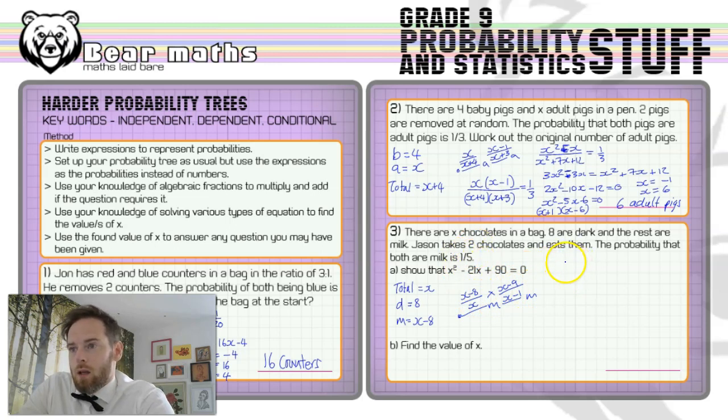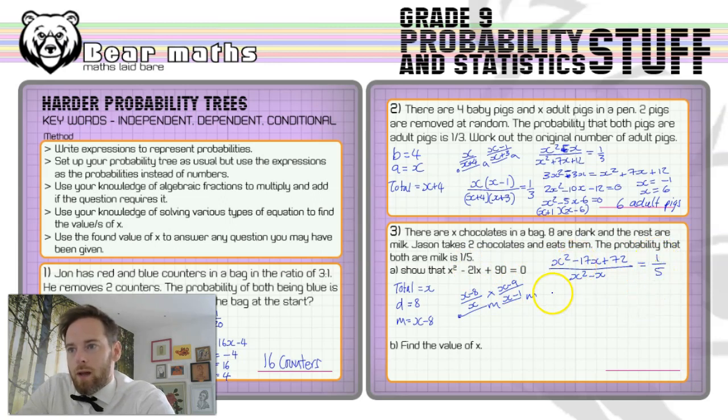1/5. So we're going to go, I might just do this quickly, so x squared, and then minus 8 minus another 9 minus 17x, and then multiplying both those negatives together is going to give us positive 72. All of that over x squared minus x equals our probability of 1/5.